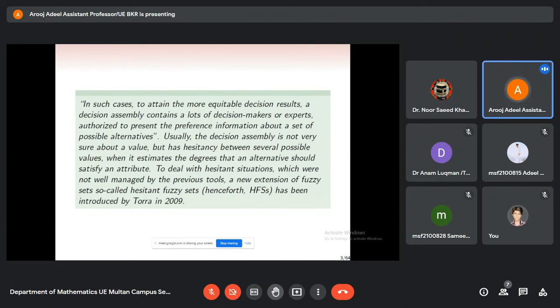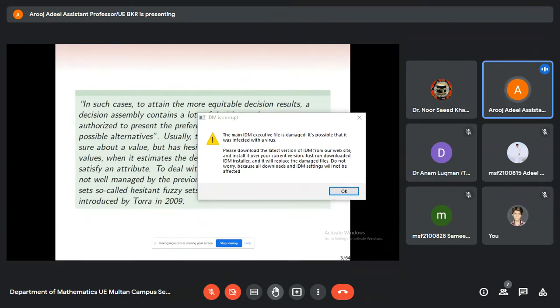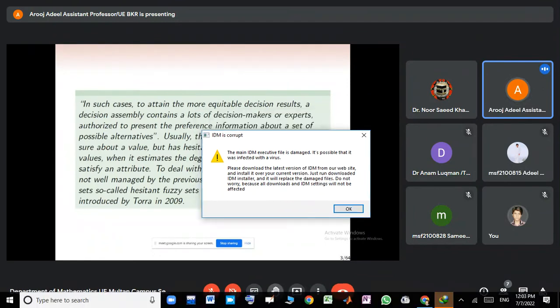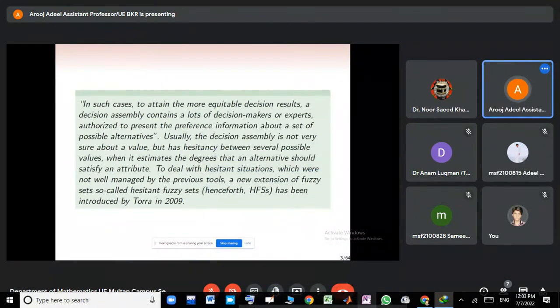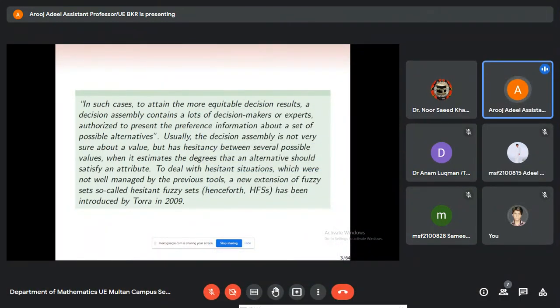In such cases, to attain a more equitable decision result, a decision assembly contains a lot of decision makers or experts authorized to present preference information about a set of possible alternatives. Usually, the decision assembly is not very sure about a value, but has hesitancy between several possible values.